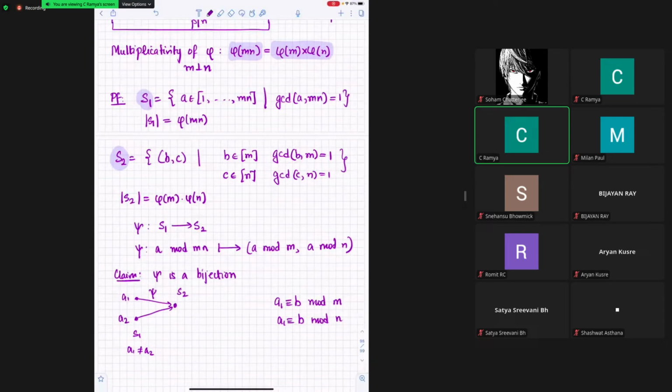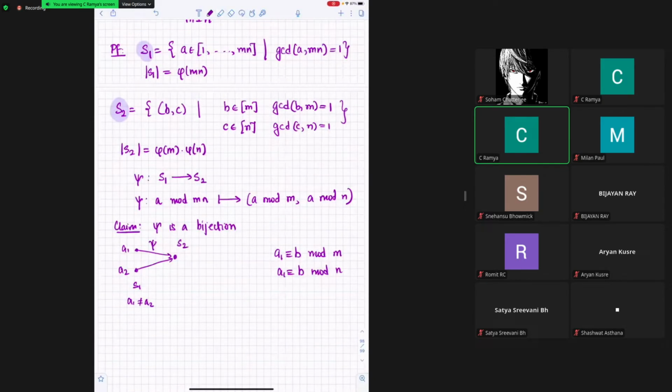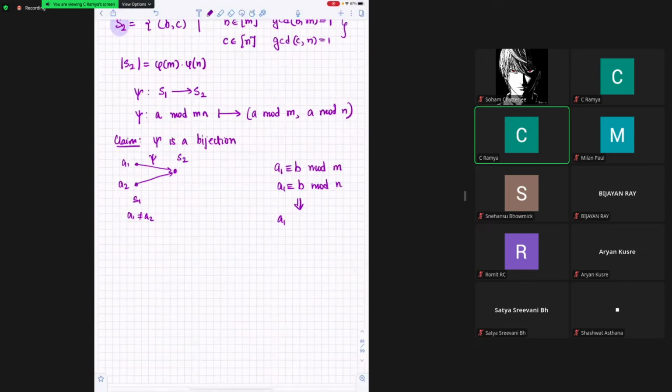Is this clear? So can we say that A1 is congruent, is this true?